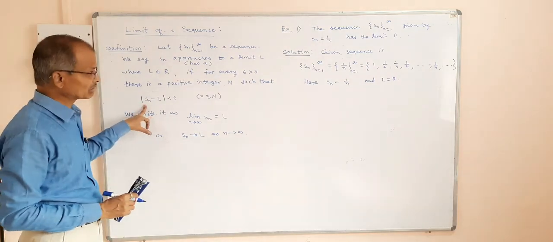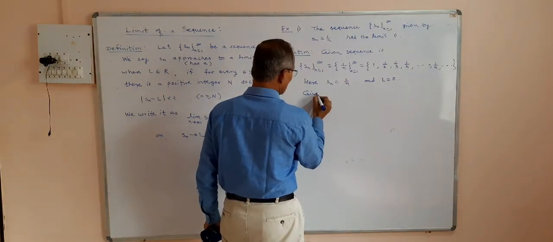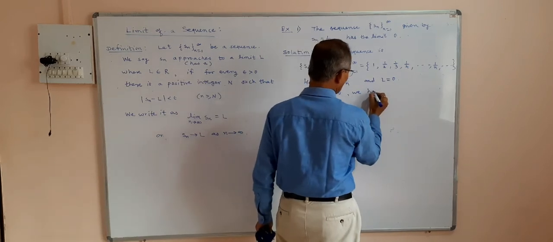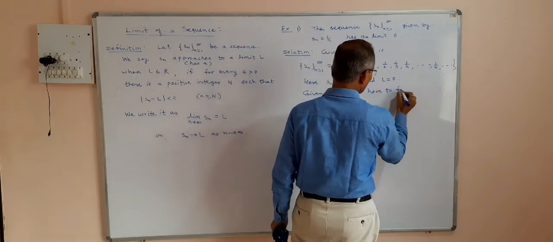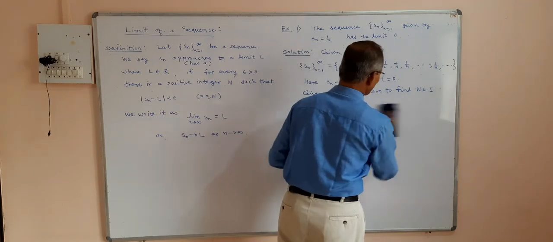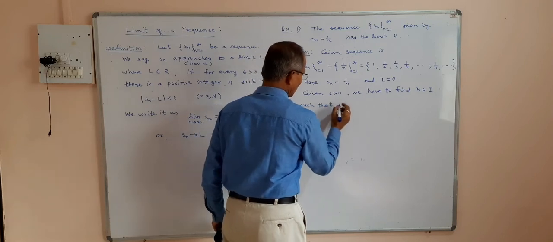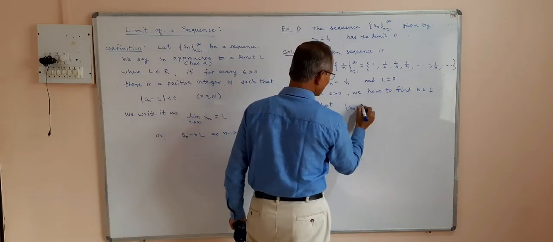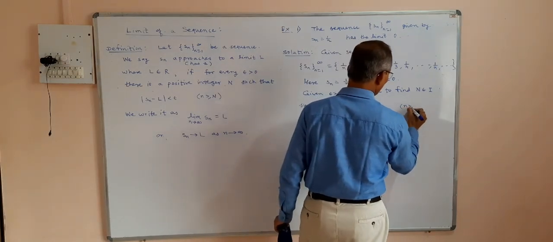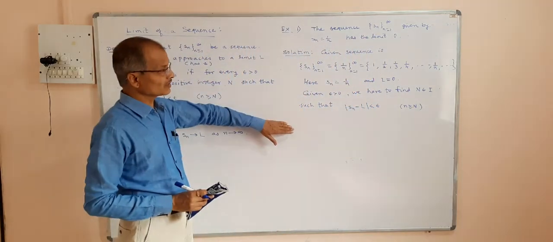So given epsilon greater than 0, we have to find N, a positive integer, N belongs to I, such that absolute value of Sn minus L is less than epsilon for n greater than or equal to capital N, a certain positive integer onwards.